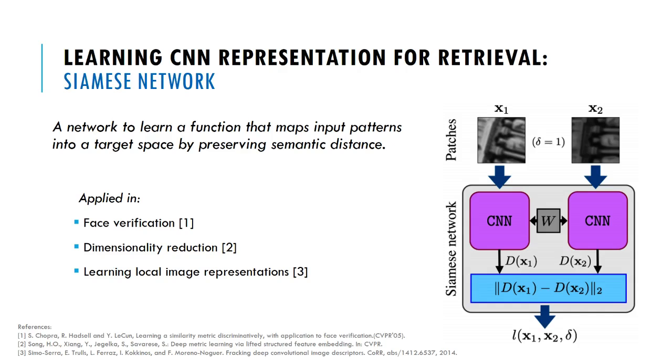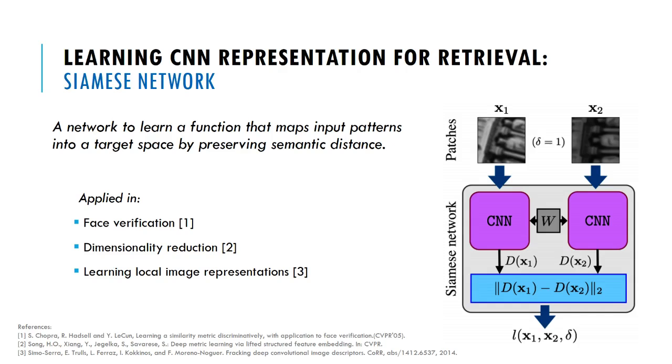So, for example, after we train a Siamese network, we should be able to find that images that are close in semantic distance are in fact coming up close in the numerical distance that we calculate. So this will allow image search, image retrieval, to work really well.